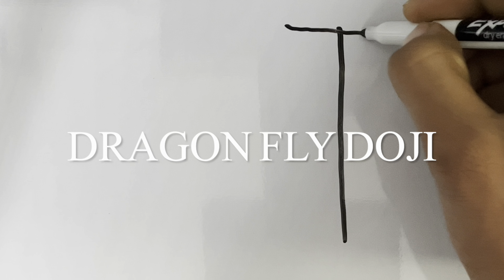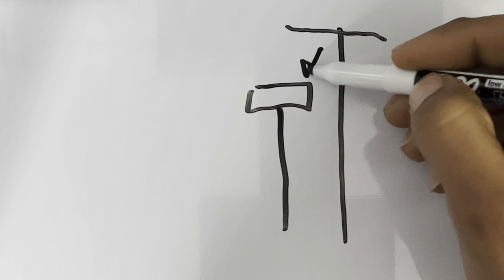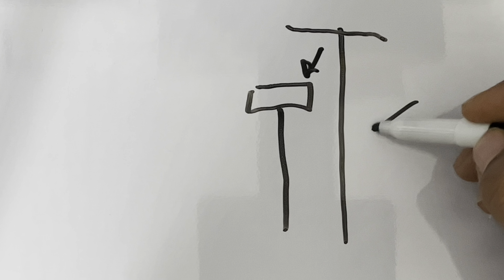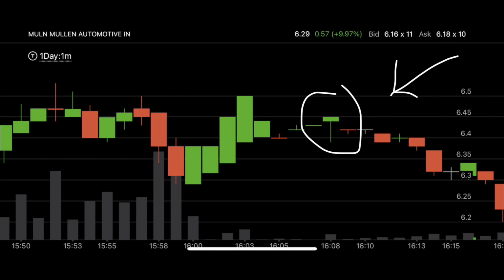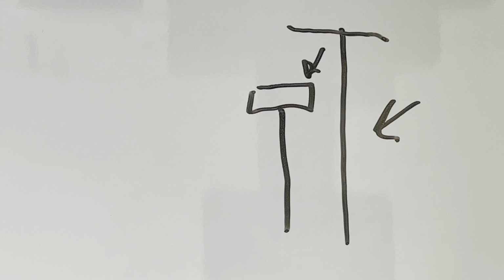Dragonfly doji. It could be like that. It could look like this. Don't pay attention so much to this part. Pay attention to what's going on here. If you see this on the market, you should automatically start thinking to yourself, why is it making this shape? Why is it differing from the other ones that I've seen?